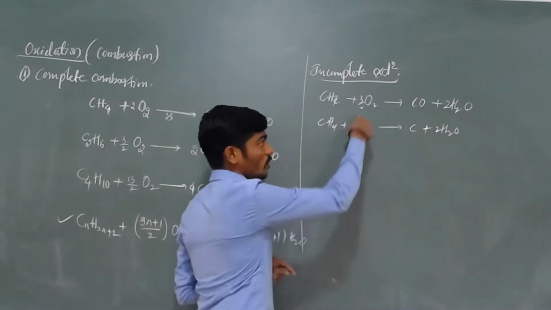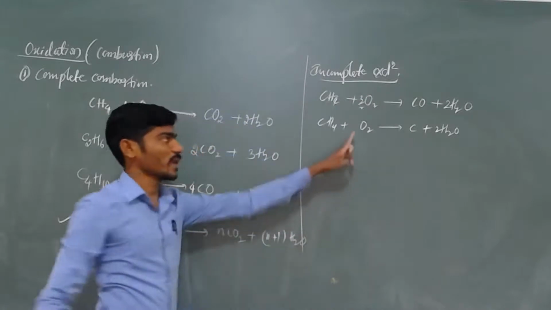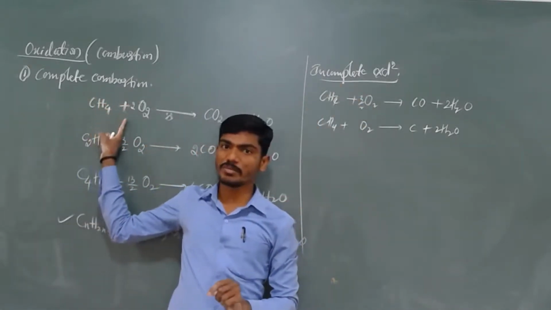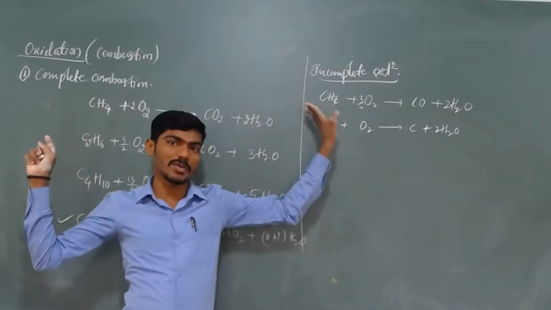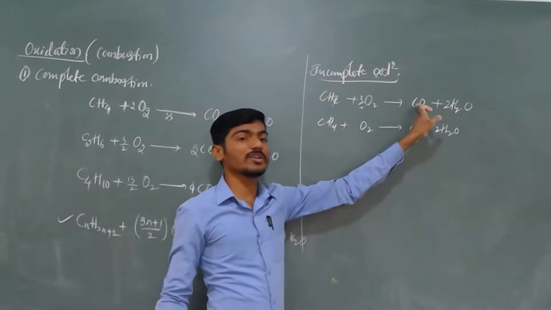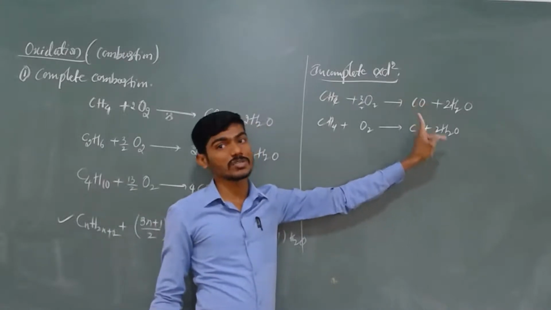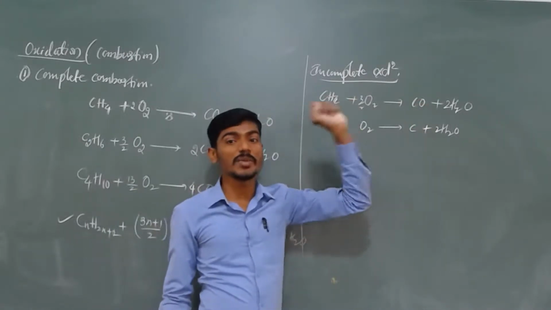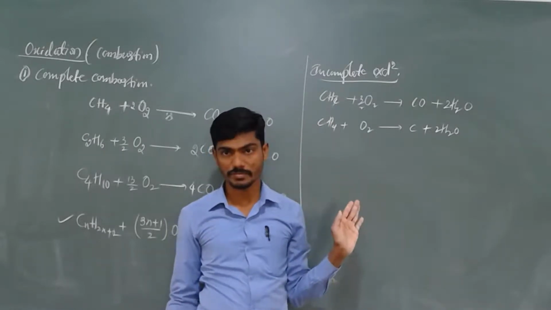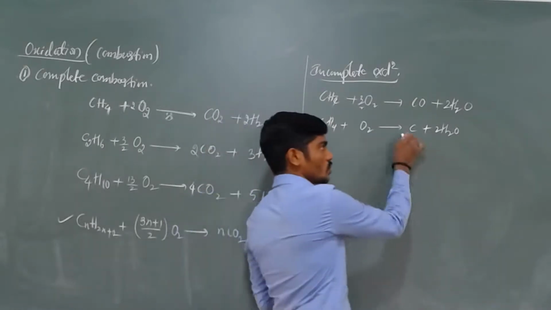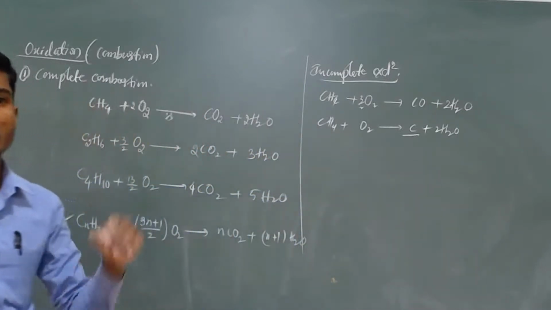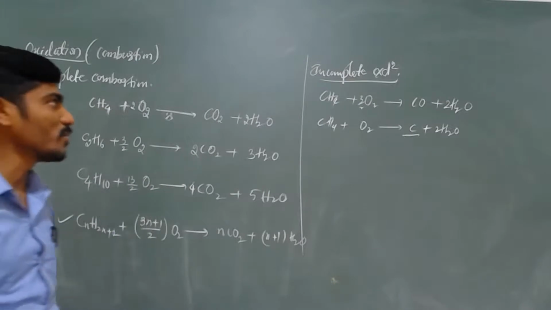So it is 1 mole, 1.5 moles, 2 moles. Sufficient means 2 moles gives complete carbon dioxide and water. If the oxygen quantity is a little less, there is a possibility of formation of carbon monoxide as well as carbon. In a limited supply of oxygen, incomplete combustion gives a sooty flame, that is carbon black, carbon or carbon monoxide. This is incomplete combustion.